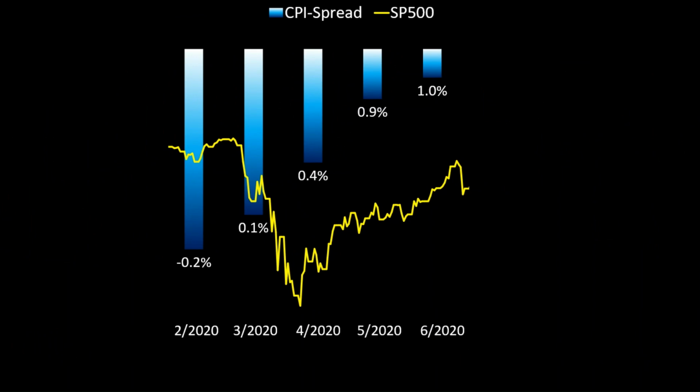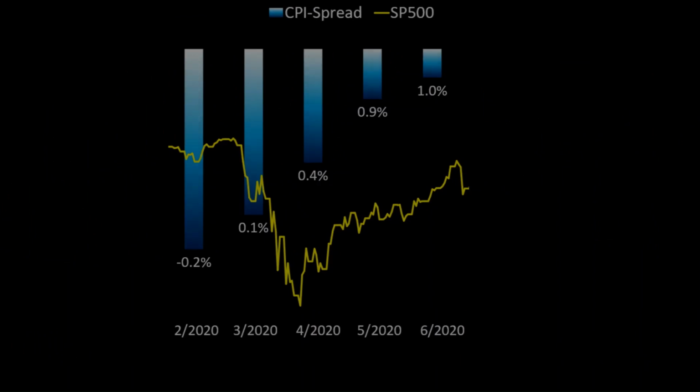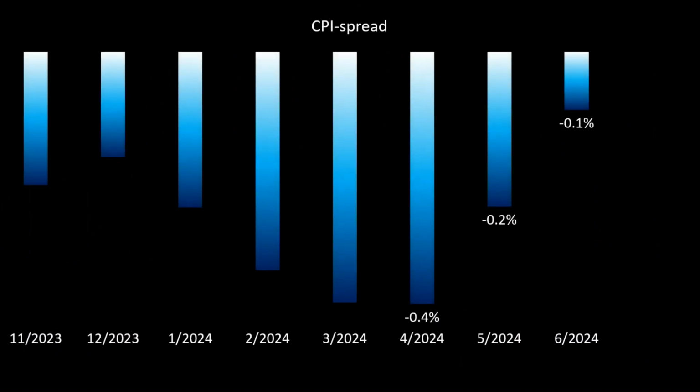So it's as the number turns positive, and especially when it breaks above a 1% threshold on the CPI spread, that identifies the same period of time that was identified with the original application of the SAHM rule. This is where we are right now. Again, in April, negative 0.4%, May negative 0.2, last month negative 0.1%.